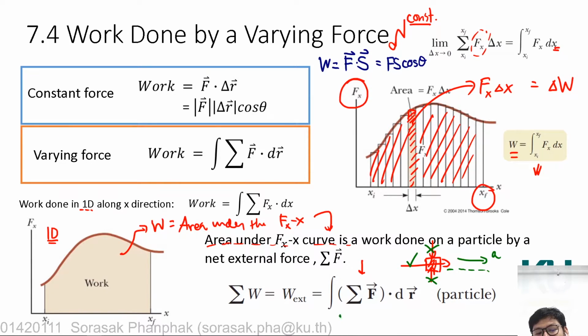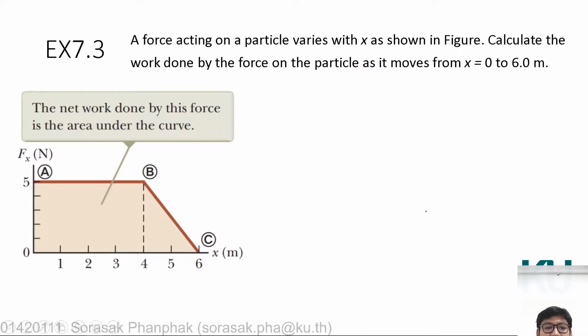That's why you need to consider the net force, look at it at individual events, and sum it up under the integration of the small regions. You will learn more about this in the example.